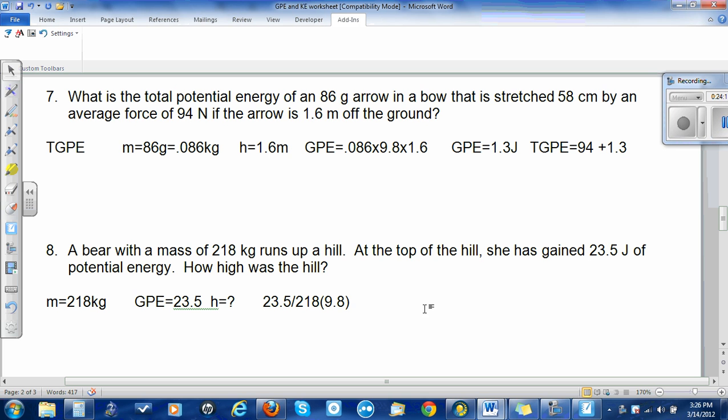So the height equals, let's see if we did that right. GPE equals MGH, so H equals GPE divided by everything else. Yeah.